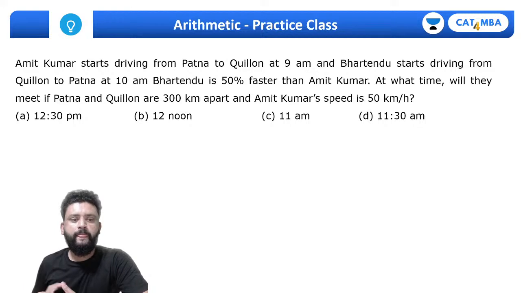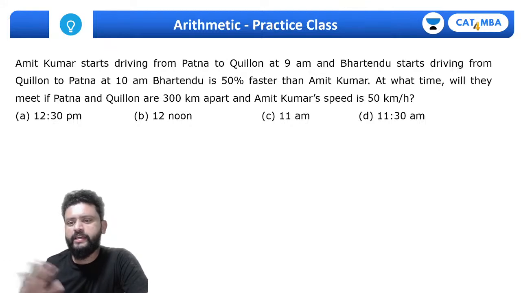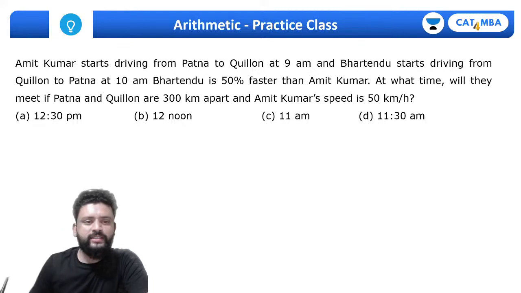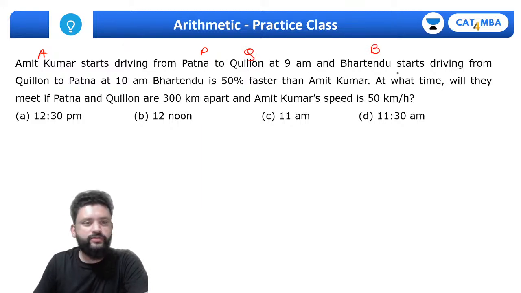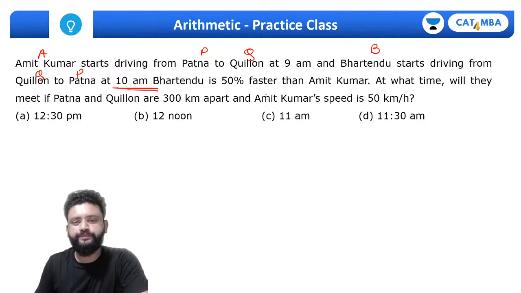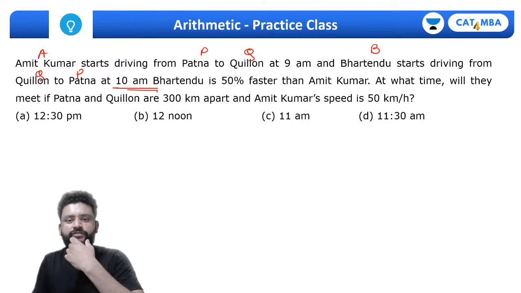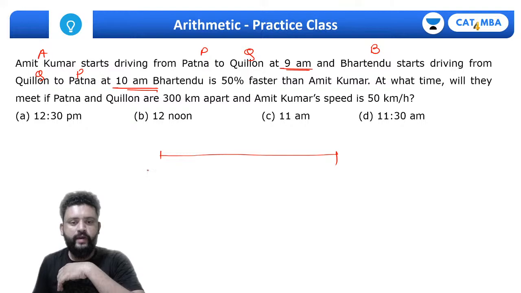Try for this. Amit Kumar starts driving from Patna to Pilan, P to Q, you can directly say. So person A starts from P to Q and B starts from Q to P, opposite direction, towards each other at 10 a.m., and the first person started at 9 a.m. Quickly finish it.